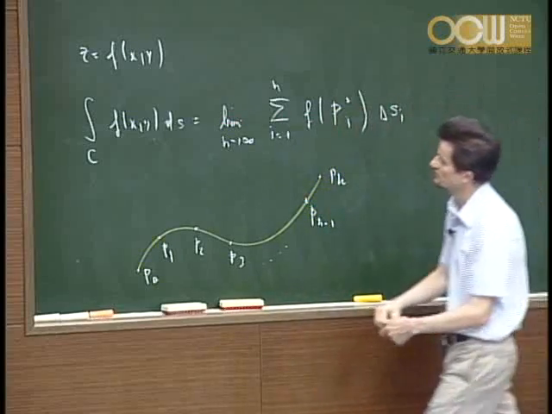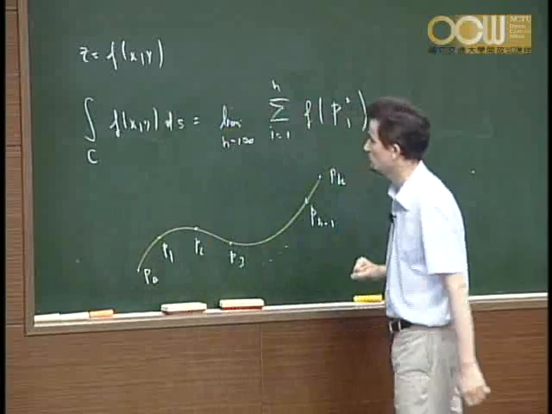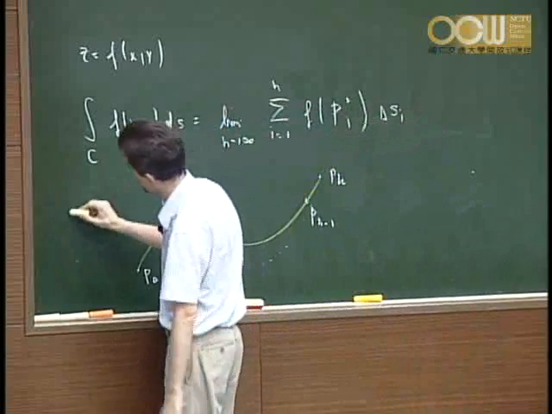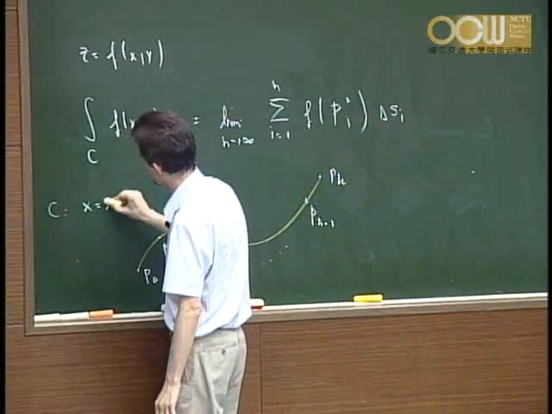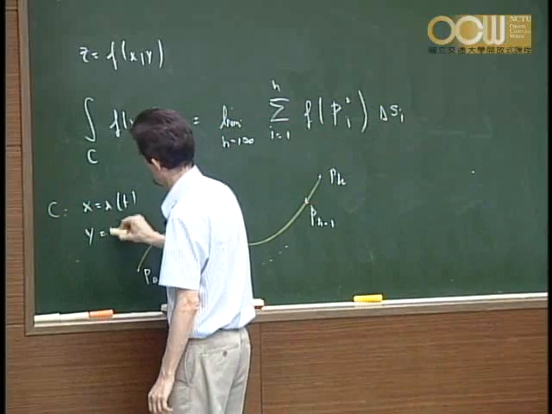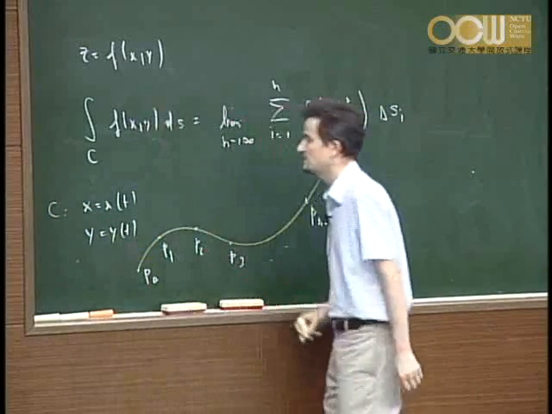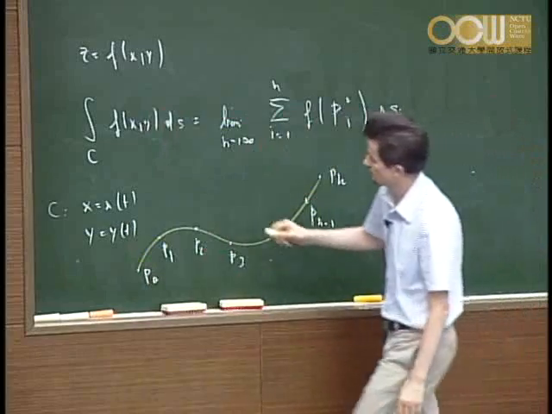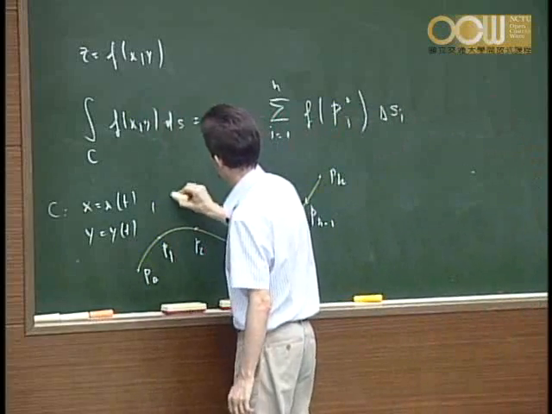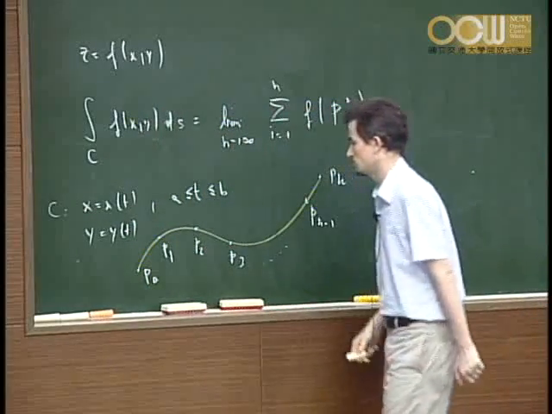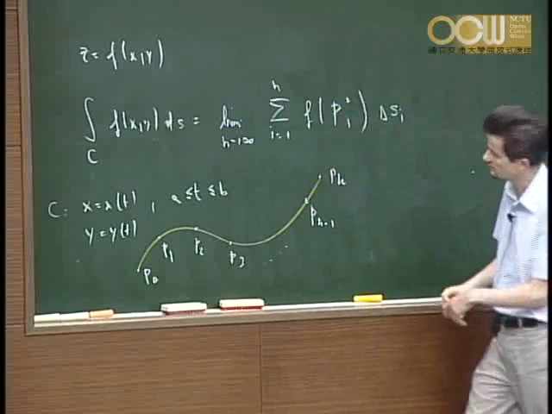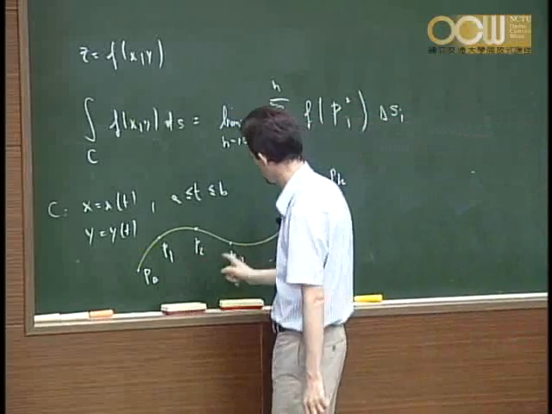So we divided first the curve, which is given by some parametric equations, by dividing the interval for the parameter, let's say [a, b], into n subintervals, which then corresponds to these points here.